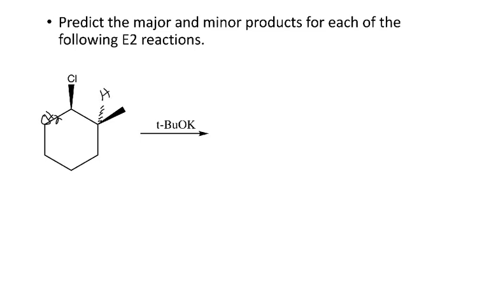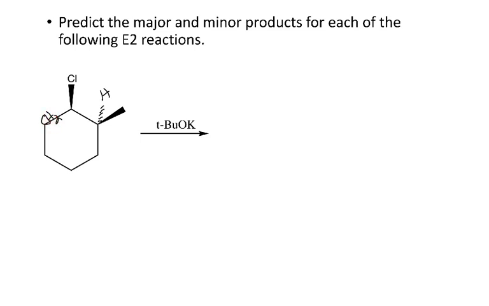If you remember from the previous video, in order to get elimination from these cyclohexanes, the Cl and the hydrogen have to be on opposite sides. So if one's up, the other one has to be down. I don't have to worry about that in eliminating from this carbon, because we've got two hydrogens, so one's up, one's down. The one that happens to be down is the one that I'll eliminate.